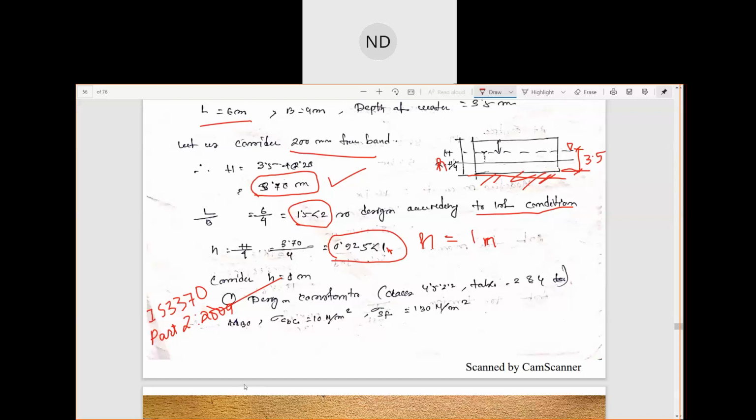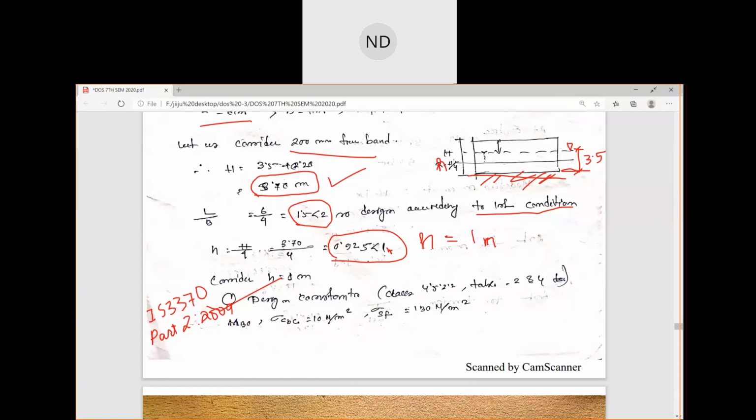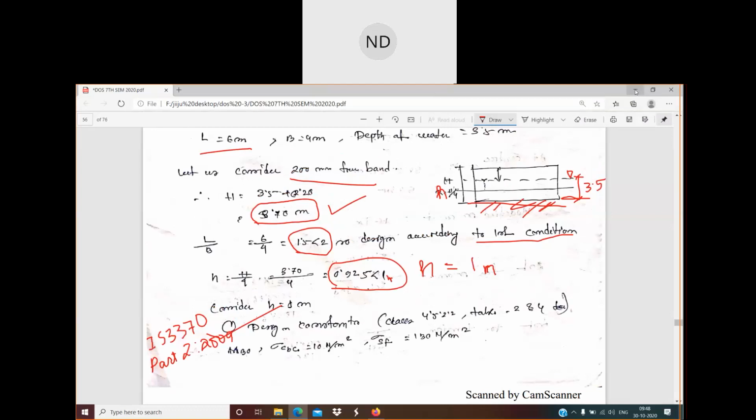Let me show if I can download this IS code here now. IS 3370 part 2 2009.